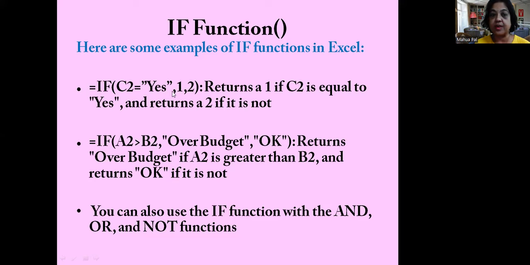So if this part matches, then 1 will be printed as a result. If anything other than yes is typed in the location C2, then 2 will be printed as the result of this function. So let us try it in a practical way.